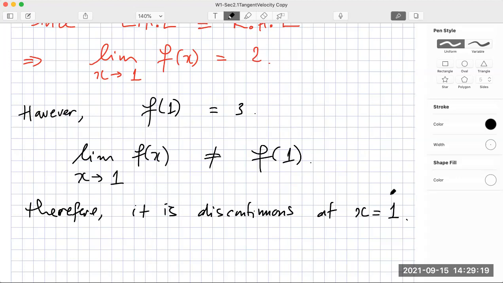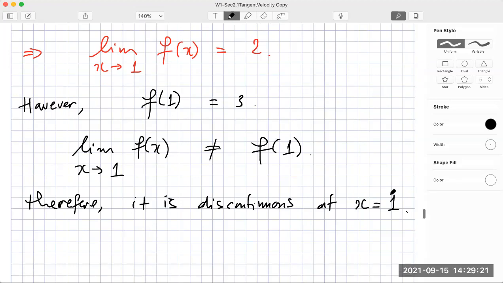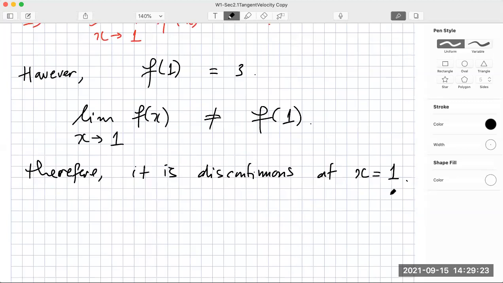We explained already. Question B, how would you remove the discontinuities of the function? In other words, how would you redefine f of 1 in order to make it a continuous function at 1?